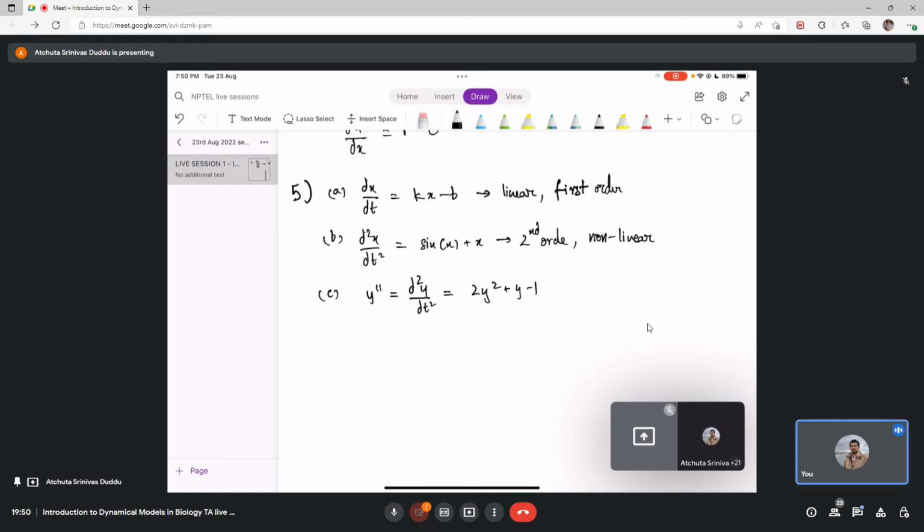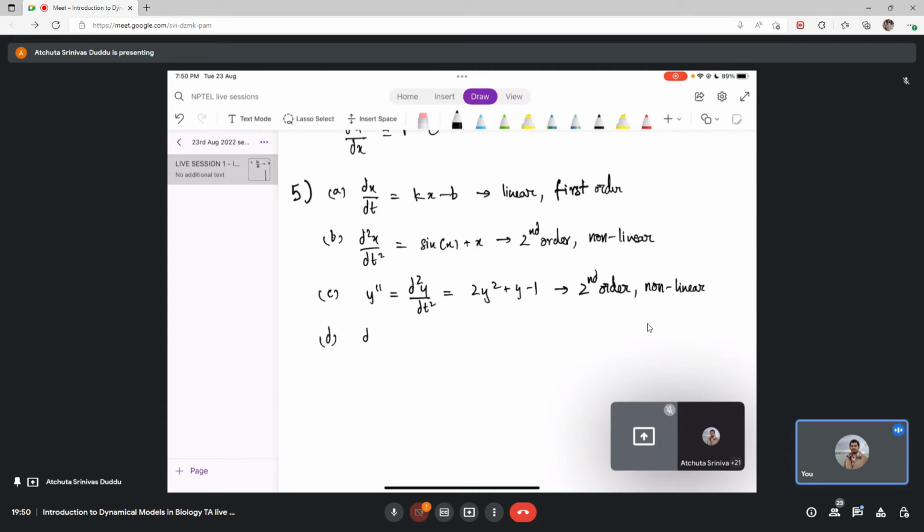It could as well be any other variable. So again on the LHS, it is a second order differential, so it is second order. And on the RHS you have a y square term, making it non-linear. Y is raised to the power 2, so it's not linear anymore.